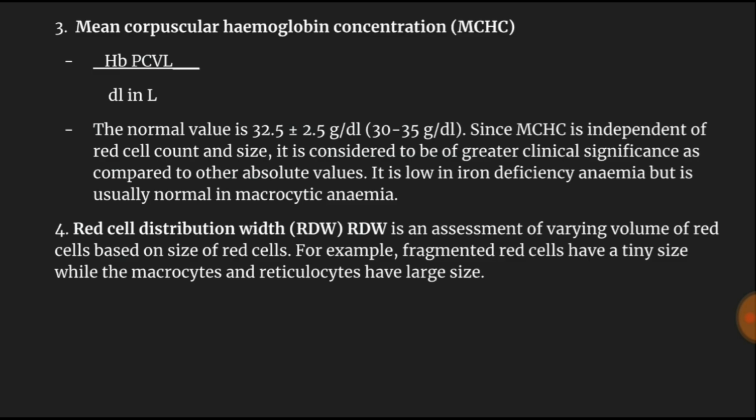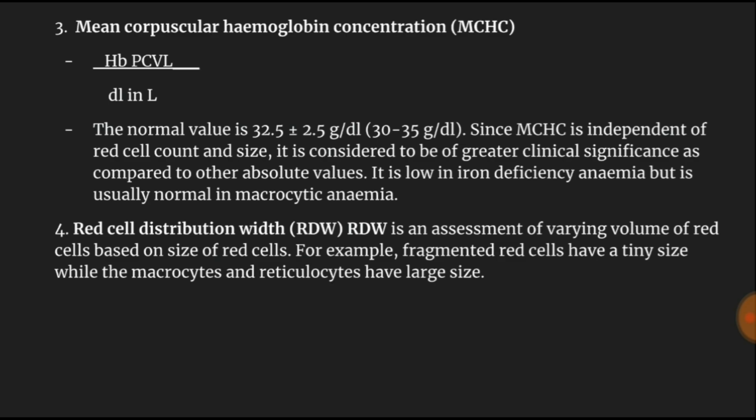So RBCs that form tiny pieces from a macrocyte, the bigger RBC, because of these bigger sizes, are determined by red cell distribution width.